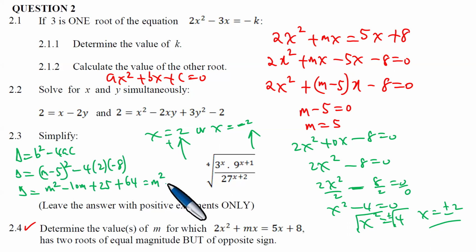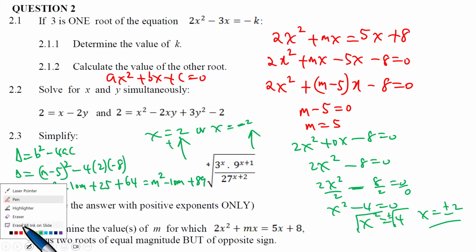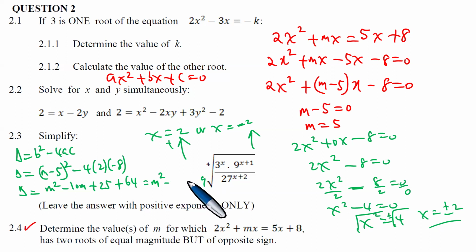This is exactly m squared minus 10m plus 89. Okay, just write this one clearly here. You got something like this?